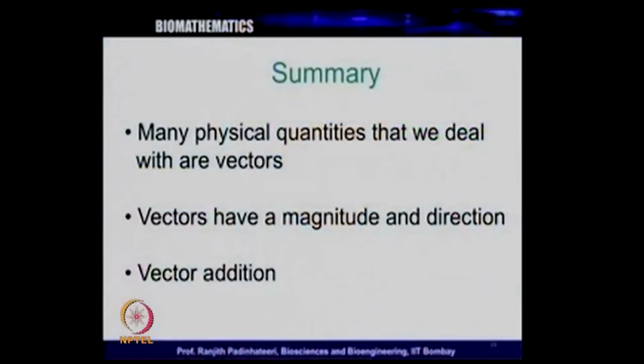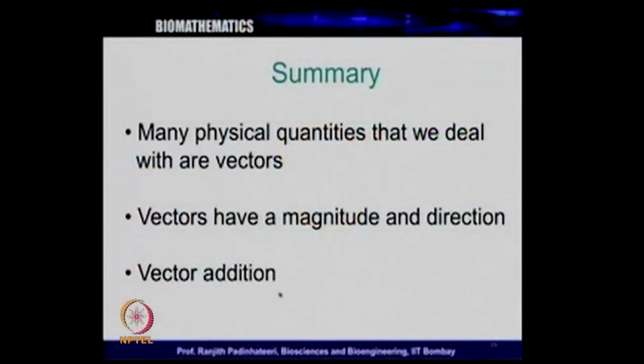To summarize what we learned today, this is our summary. Many physical quantities that we deal with are vectors. For example, we said force, etc. And vectors have magnitude and direction.